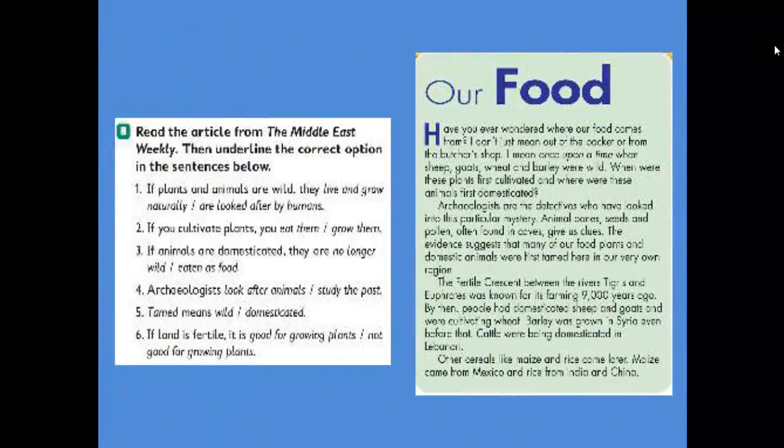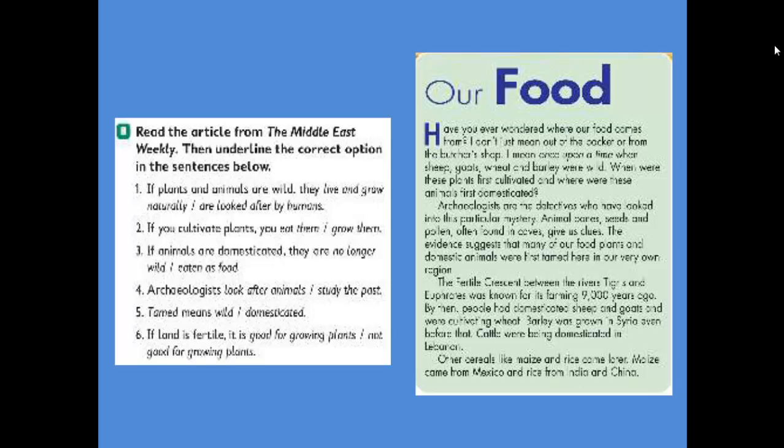Now, we have number B. Read the article from the Middle East Weekly, then underline the correct option in the sentences below. Here, we want to listen carefully while I'm reading. Our food.